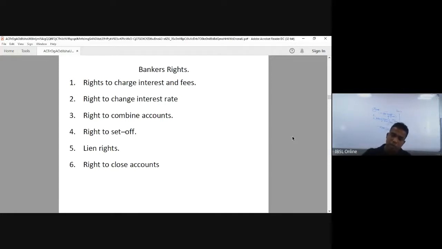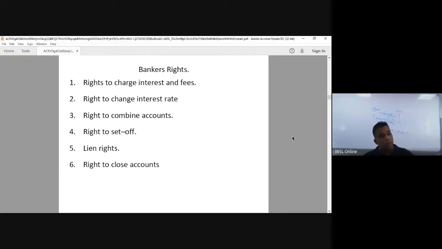You don't want this customer anymore, you want to exit. Can you just close the current account immediately? You can't, because the law says that you have to give reasonable notice. Why? The requirement is that the customer has to make arrangements.